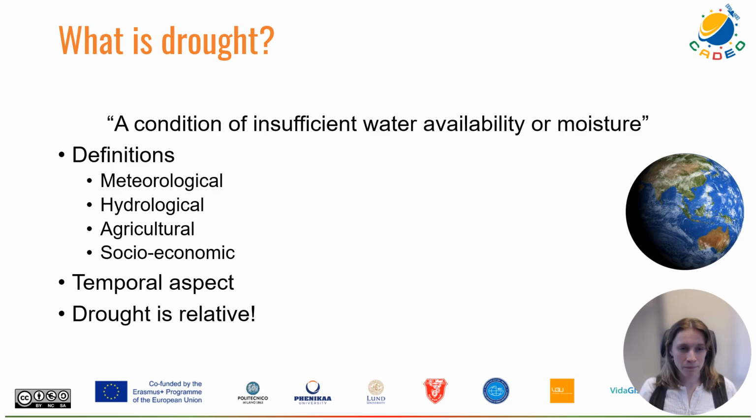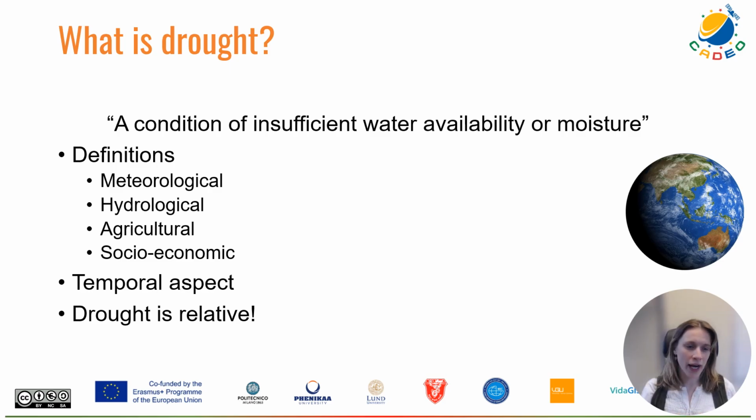So agricultural drought is when you don't have enough water to support the crops you're growing, for example. And then finally, I think it's important to mention socioeconomic drought, because this is a used definition of drought, but it's not as used as the other definitions. And I will come back to these definitions and how we can measure them.